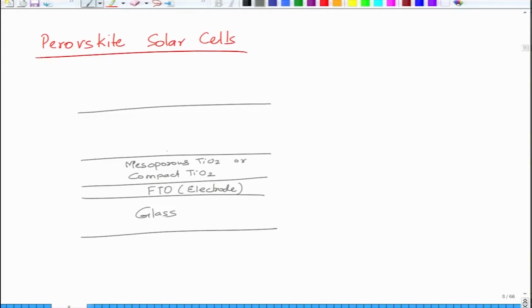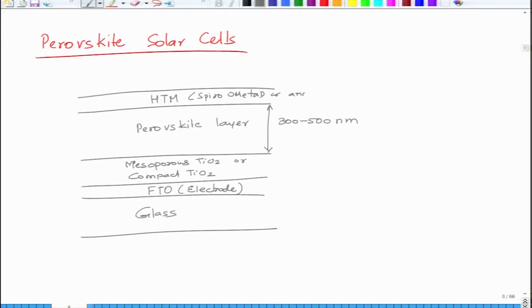The next layer is the perovskite layer, which is of the order of 300 to 500 nanometer, and then on top of this perovskite we have an HTM, which could be spiro-OMeTAD, or another material.